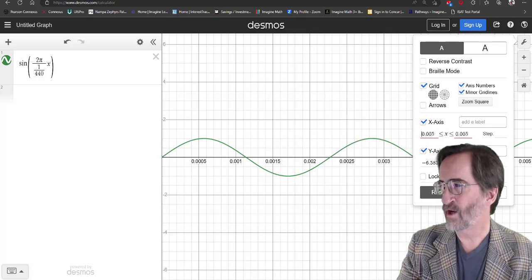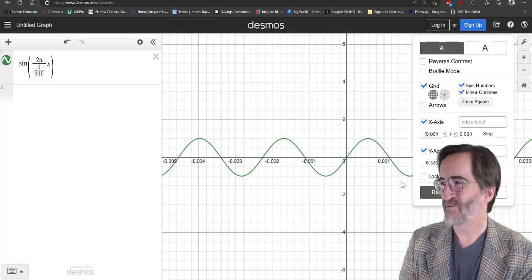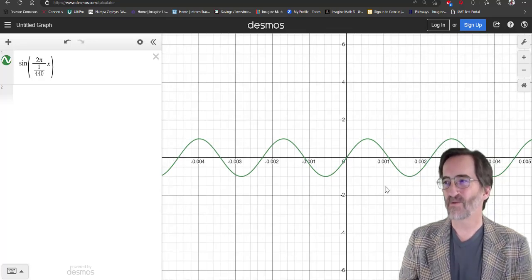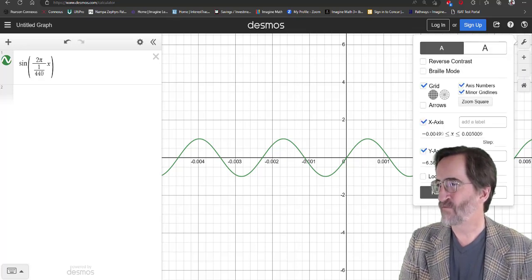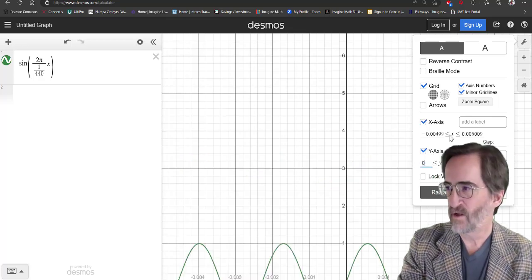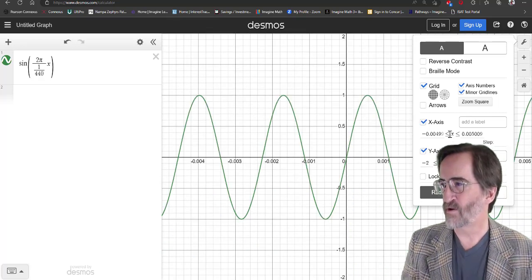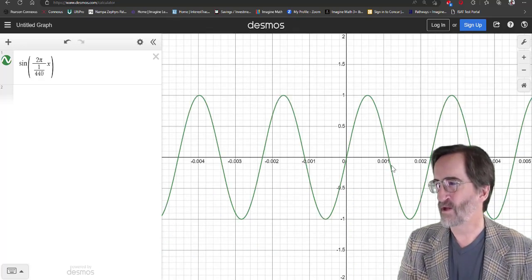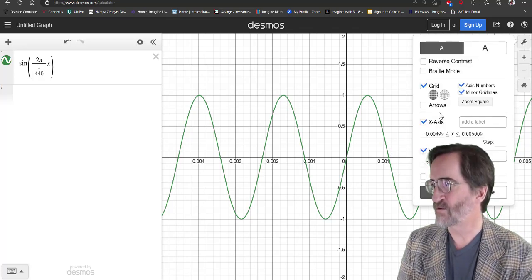Oh, it would help if I did negative. There we go. All right. And so now we can see, right? And in fact, if I want to make it even more obvious, let's change the y-axis to go from -2 to 2. There we go. I'm going to fiddle with this just a little bit more to get a better picture.